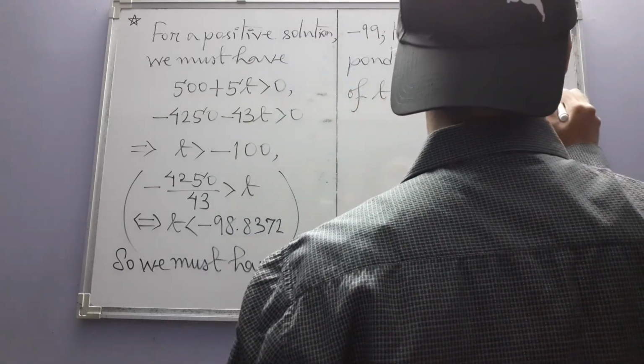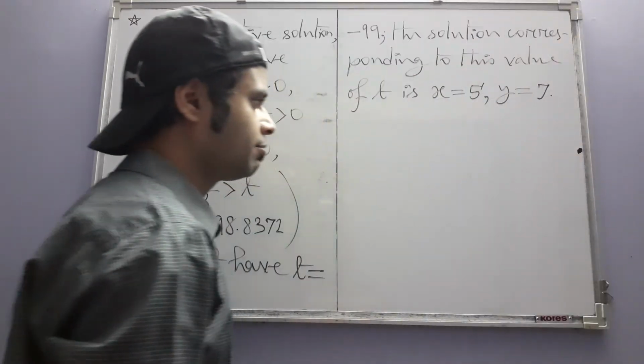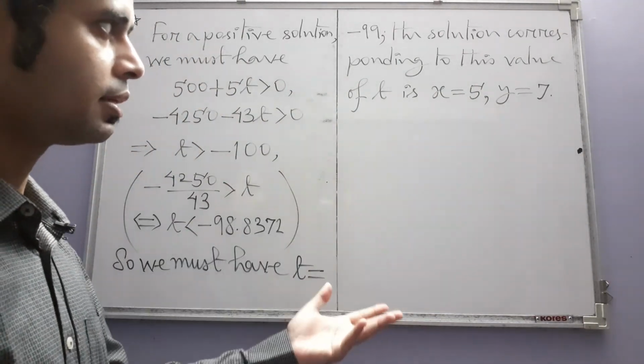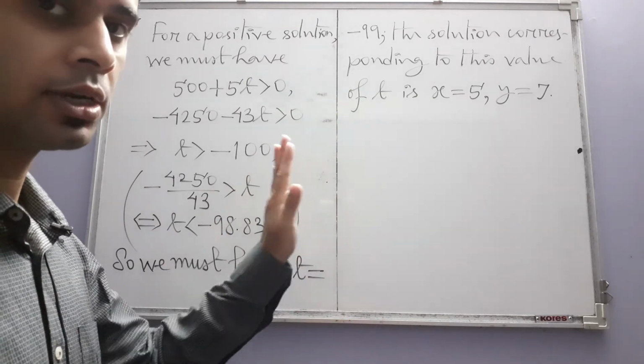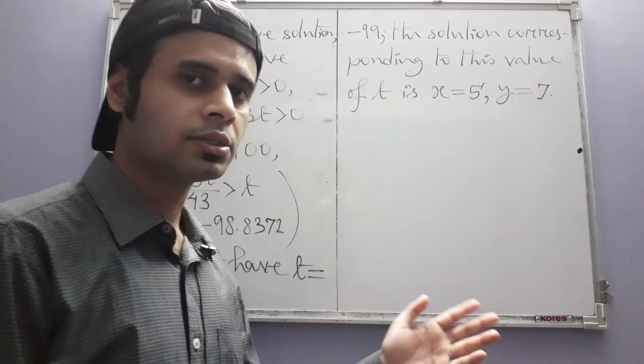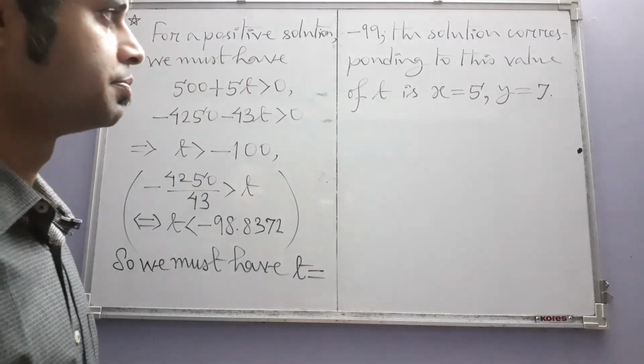Yes. So you see that we have found not just a positive solution, but where the values are in fact much smaller than the original particular solution that we found, where x is 500 and y is minus 4250.